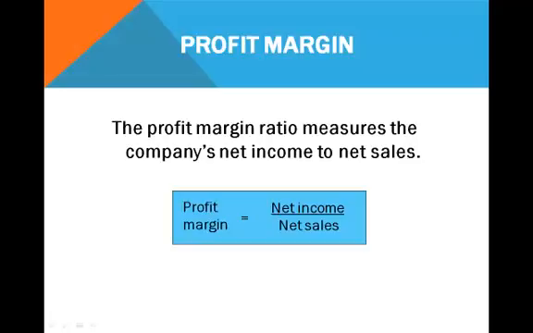We calculate the ratio by dividing net income, that's the very bottom of our income statement, by the sales revenue for the same period. Sales revenue is usually one of the very top things on the income statement. A high profit margin is an indicator of future growth.